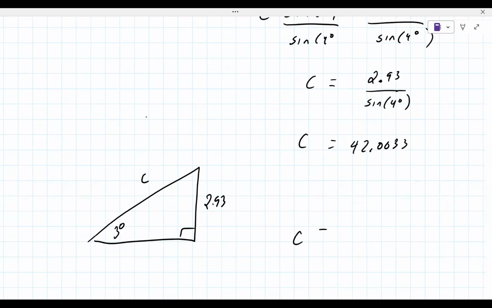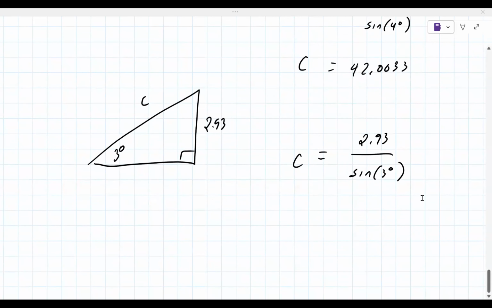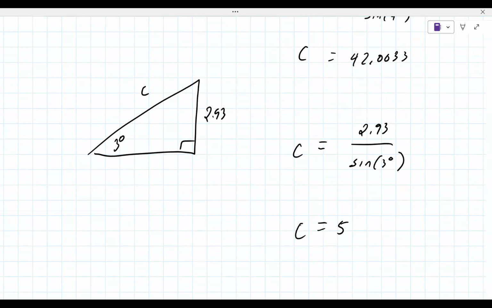You're still finding C. C is 2.93 over the sine of 3 degrees. And that number is a little bit longer. It's 55.9845.